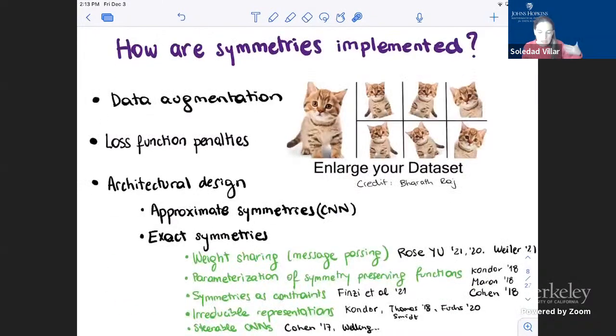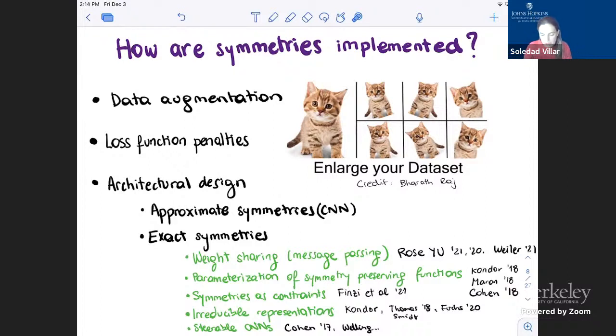So, and this was discussed before, how are symmetries then implemented? Well, data augmentation is one of the ways to implement the symmetries. Also, you can implement symmetries by having some sort of loss function penalties. Like if you know that some symmetries correspond to, say, the conservation of energy, you can have a penalty term that preserves the conservation of energy, and that implicitly will try to enforce certain symmetries.